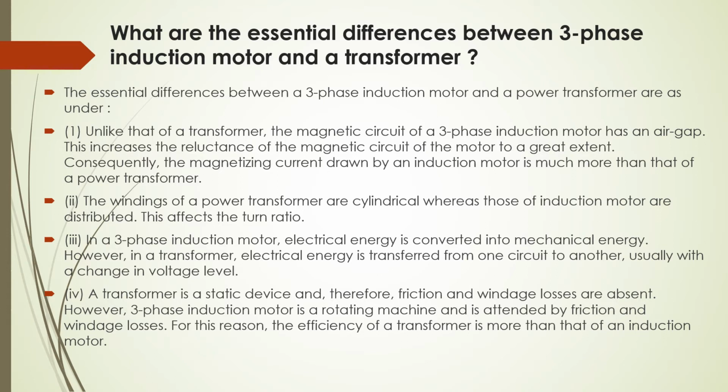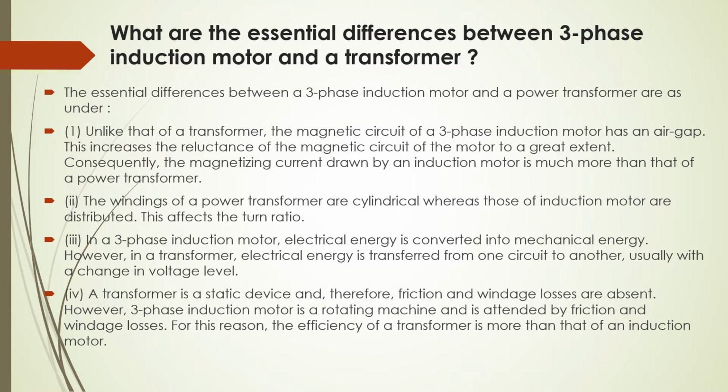The windings of a power transformer are cylindrical, whereas those of an induction motor are distributed. This affects the turns ratio. In a three-phase induction motor, electrical energy is converted into mechanical energy. However, in a transformer, electrical energy is transferred from one circuit to another, usually with a change in voltage level.